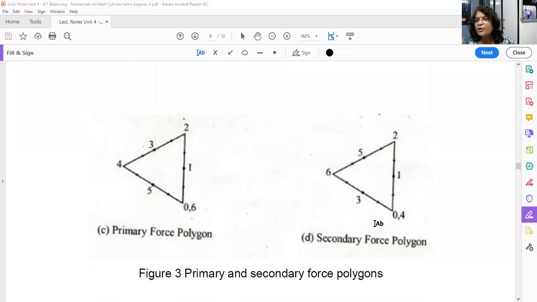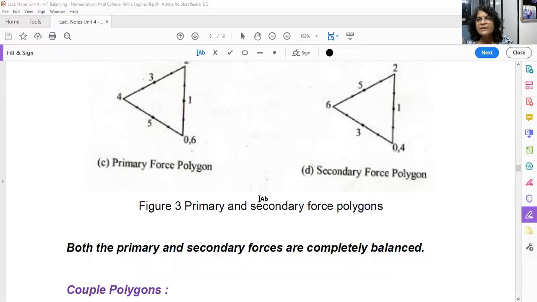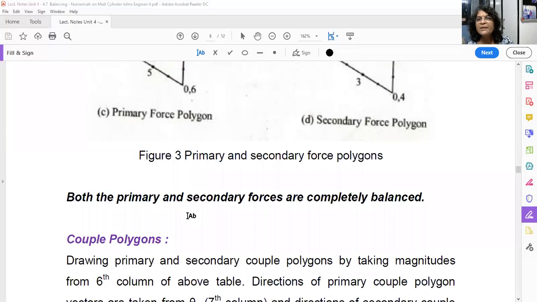Similarly, you can draw the secondary force polygon. Here it is the 0 point. So starting from 1, then 2, then 5, 6, 3, 4. So the starting point and initial point are the same, so you are getting a closed polygon. That is a symmetrical triangle. So what is the meaning of this? Both the primary and secondary forces are completely balanced.